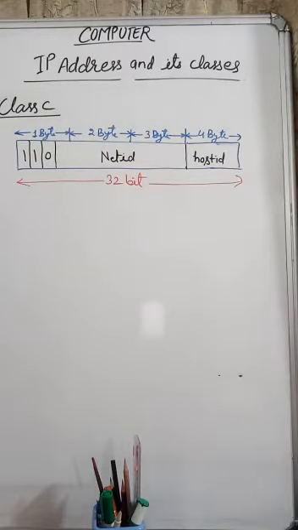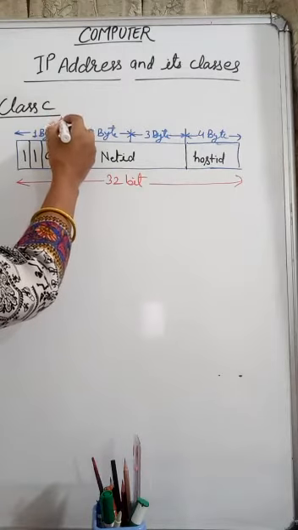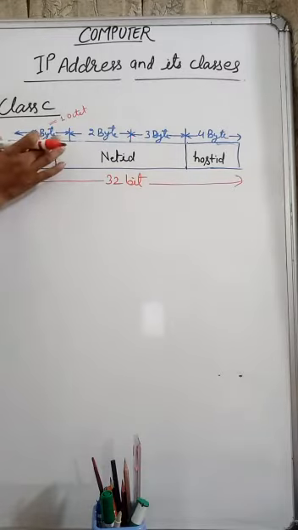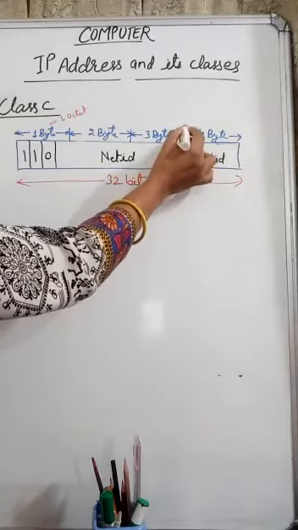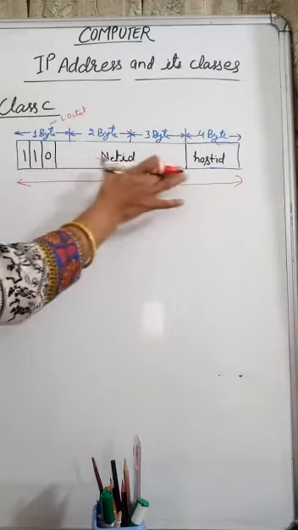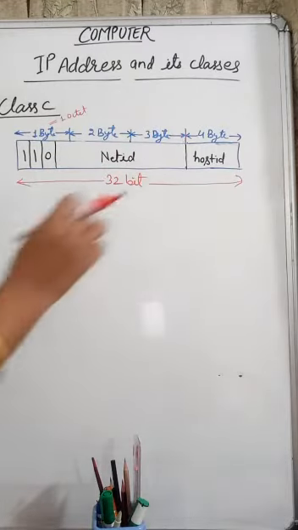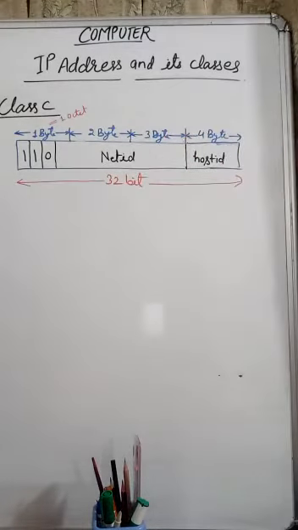For class C, 3 octets define the net ID. 1 byte we can say 1 octet. So 3 octets: 1 octet, 2 octet and 3 octet. Till here, 3 octets define the whole net ID, and 1 octet defines the host ID. It means 1 byte defines the host ID.